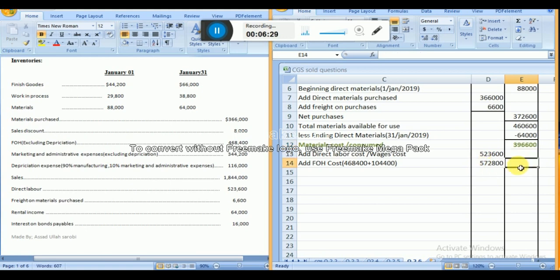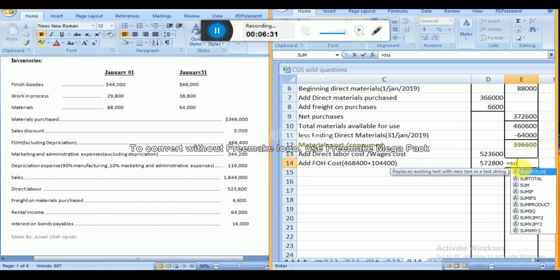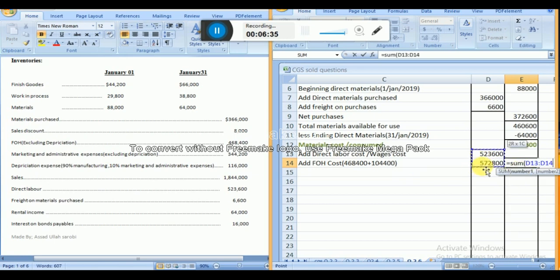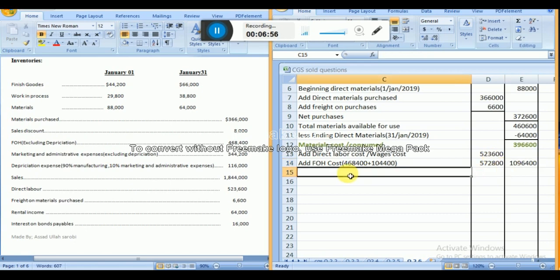We will add them. So when we add these two, that is equal to 10,96,400. So direct material cost plus direct labor cost plus factory overhead cost is equal to total manufacturing cost.